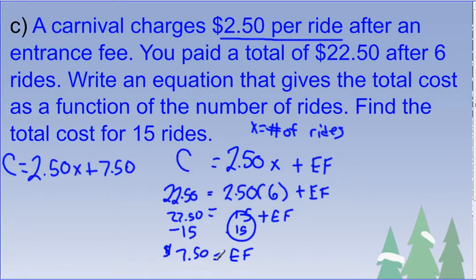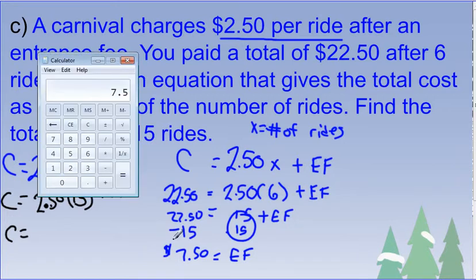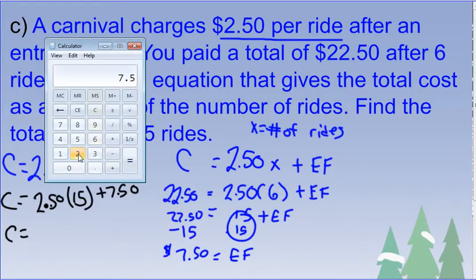The second part of the problem asks us to find the total cost of 15 rides. So let's do it. Our total cost equals 15 times that. Golly gee, it's like $37.50, I think.